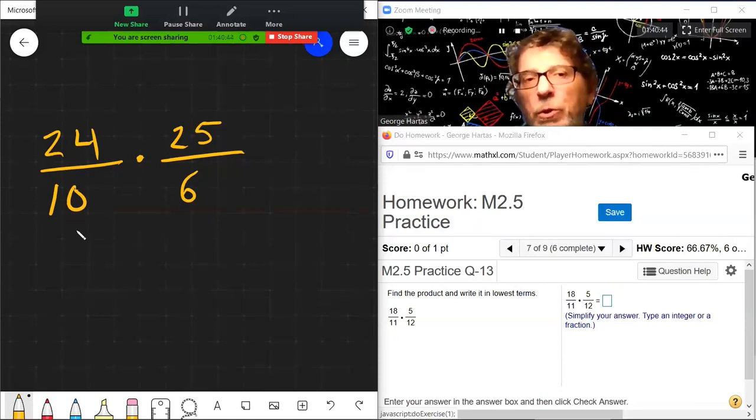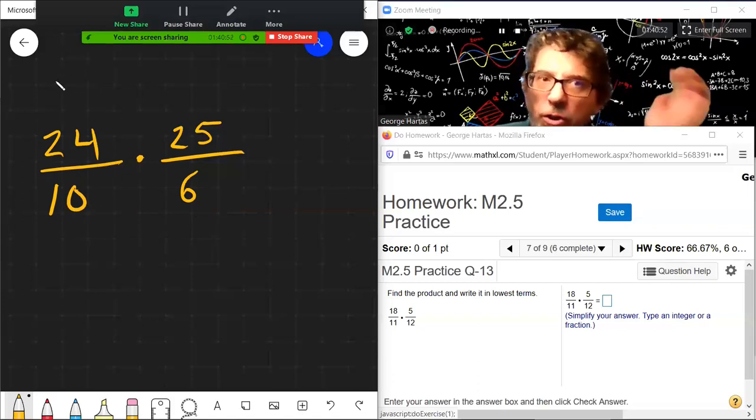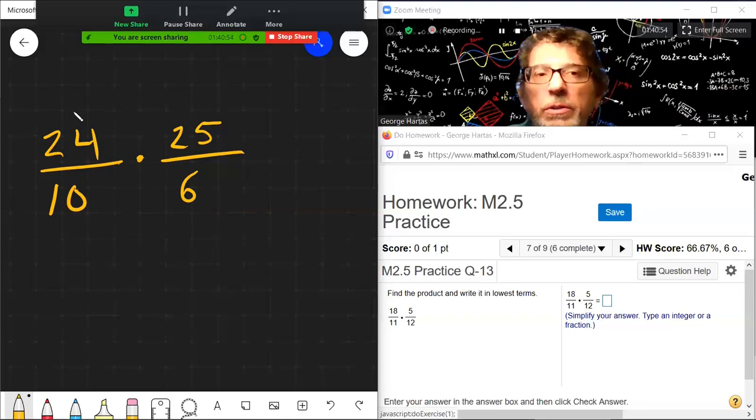So this reduces by 2, but this reduces by more. It doesn't really matter in the end because you can keep reducing, just like stacking cards. You keep reducing, keep reducing. So I want to maximize my reduction right off the bat. There's no right or wrong with reduction as long as you keep reducing. So I'm going to hold off on reducing by 2, and I'll come back to reducing the 24 in a minute.